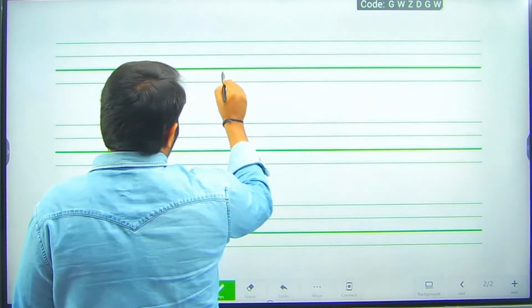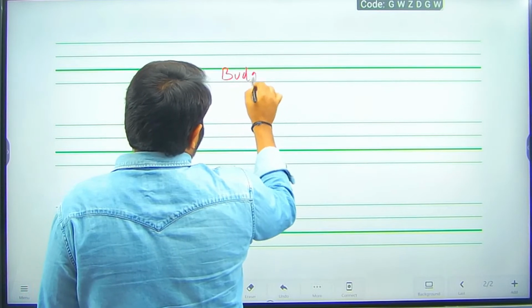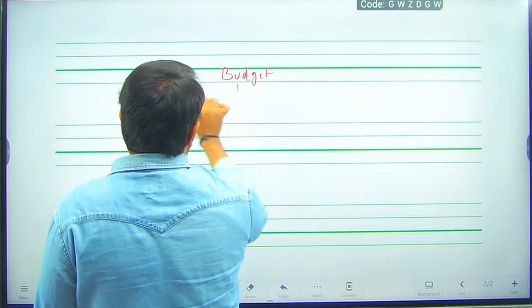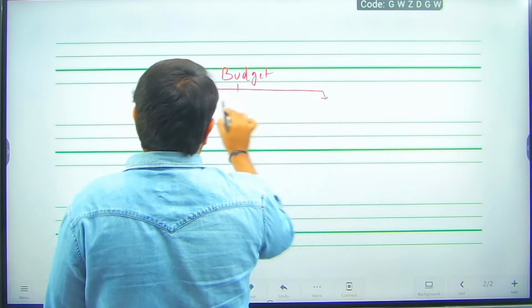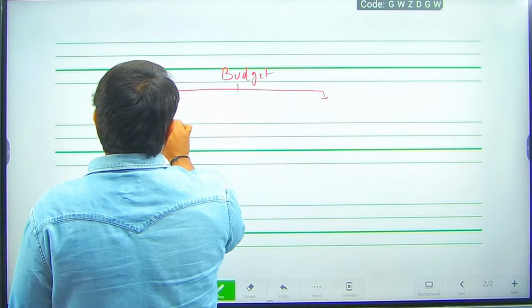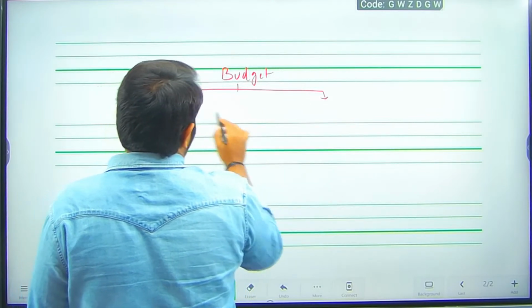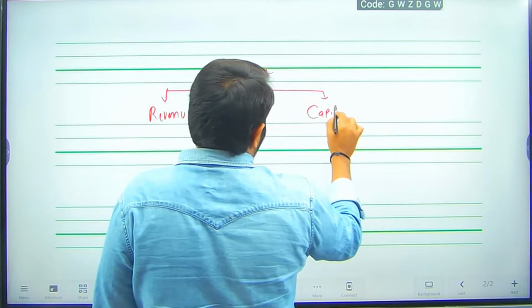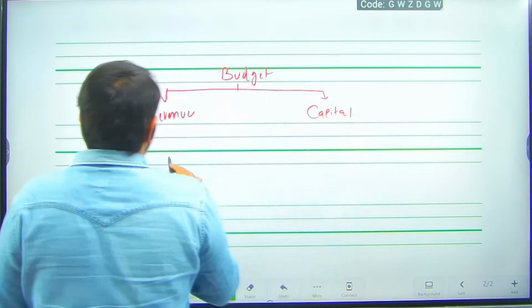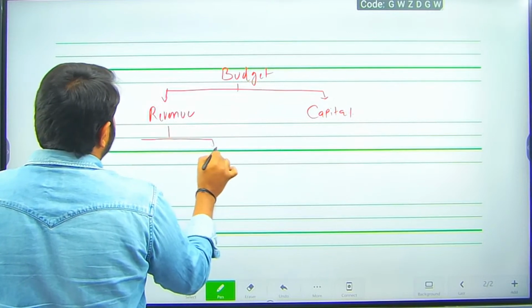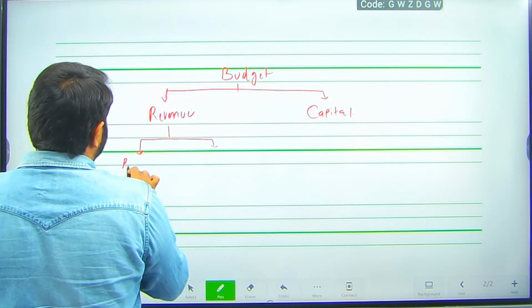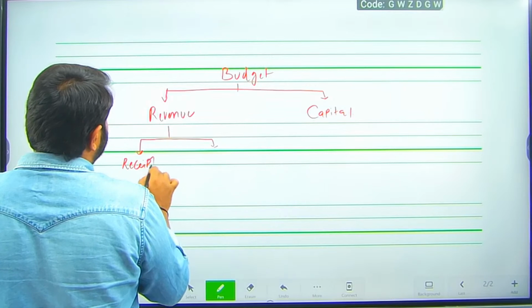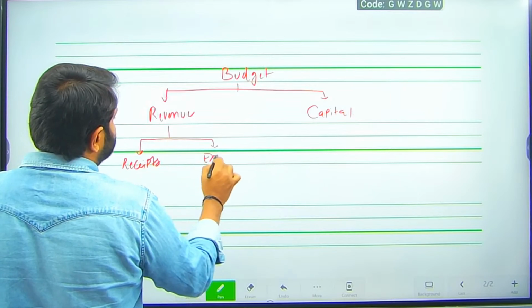So budget, we divide that into two: revenue budget and capital budget. And again we divide that into receipts and expenditure.